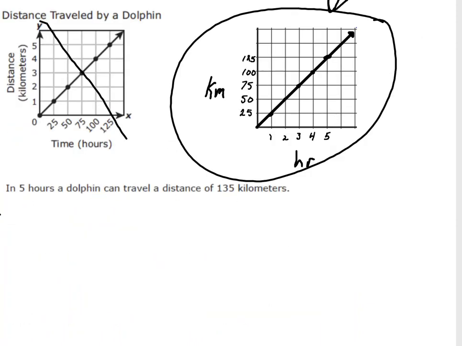And then in 5 hours, a dolphin can travel a distance of 135 kilometers.